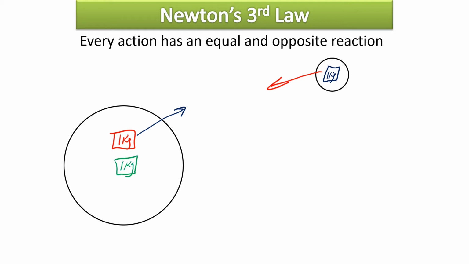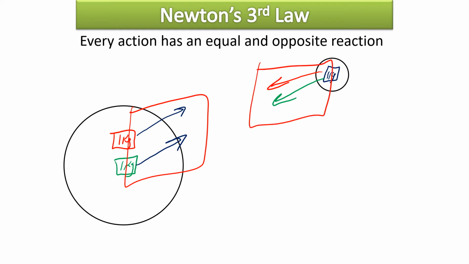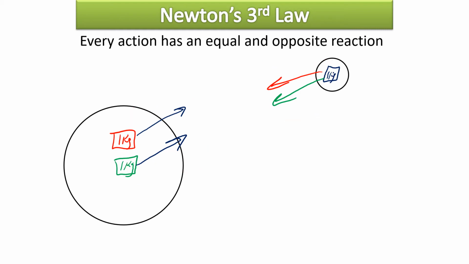This kilogram pulls on the moon, and the moon pulls back on that kilogram. So you can see there's still 2 force arrows here and 2 force arrows here, and it's going to balance out. Even if we add another kilogram, that kilogram pulls on that kilogram, and this kilogram is being pulled on by the moon.